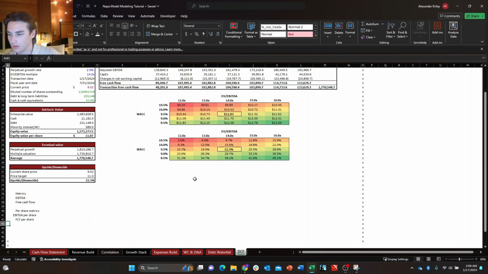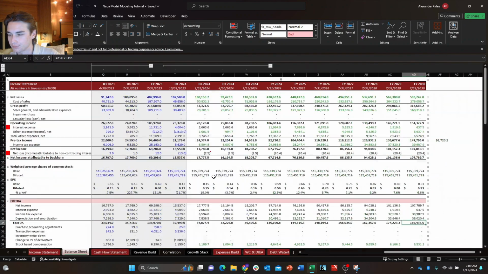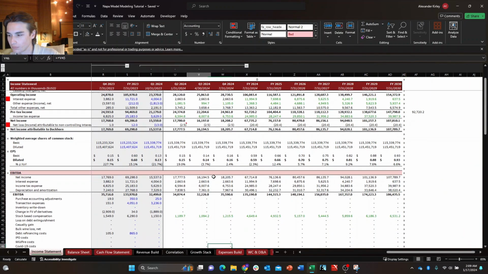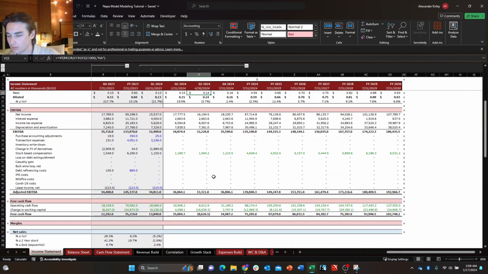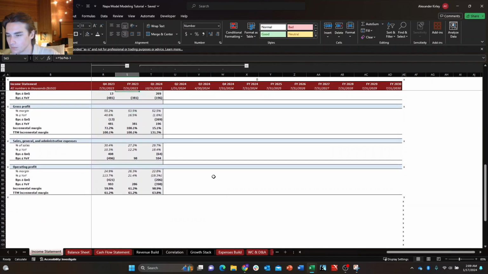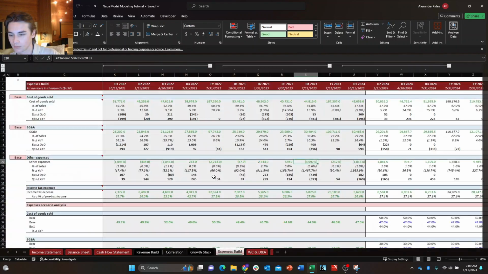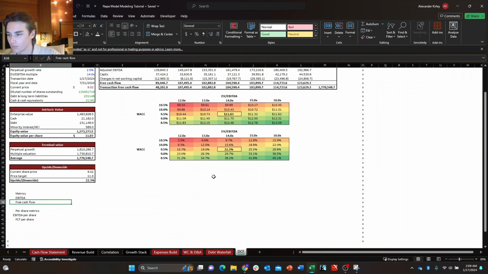There we go. EBITDA per share, free cash flow per share. Then earnings per share.